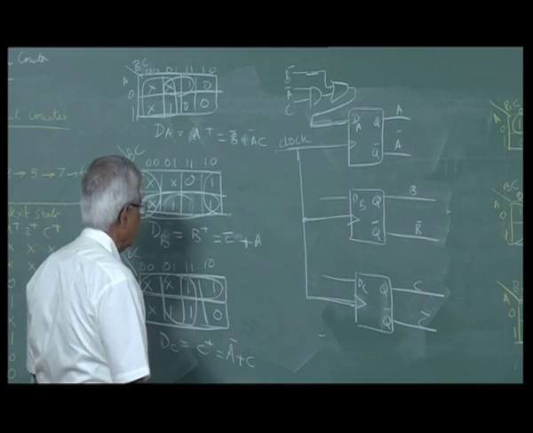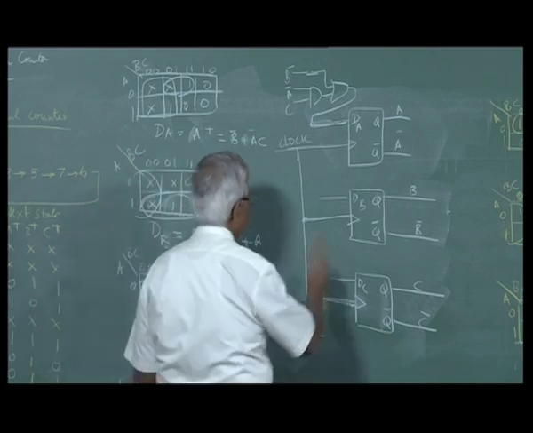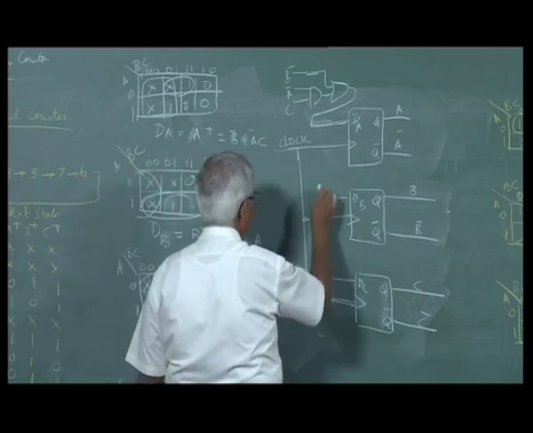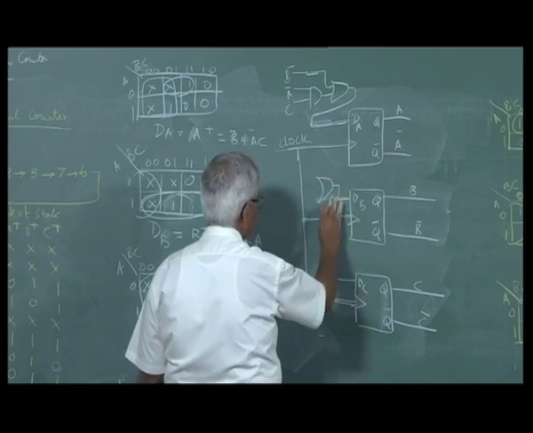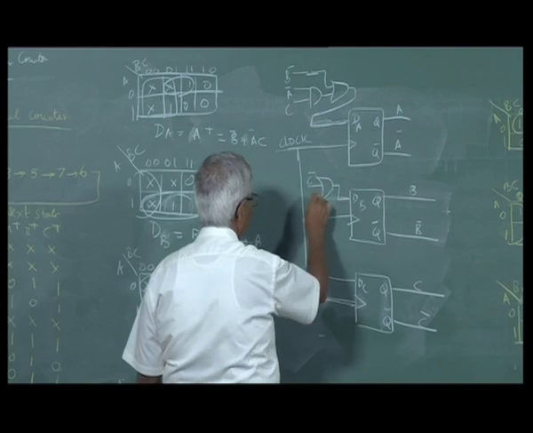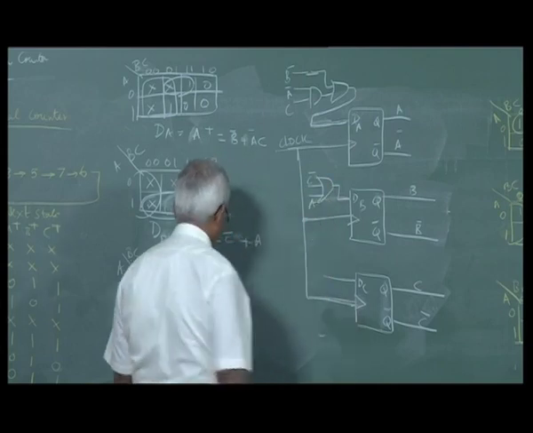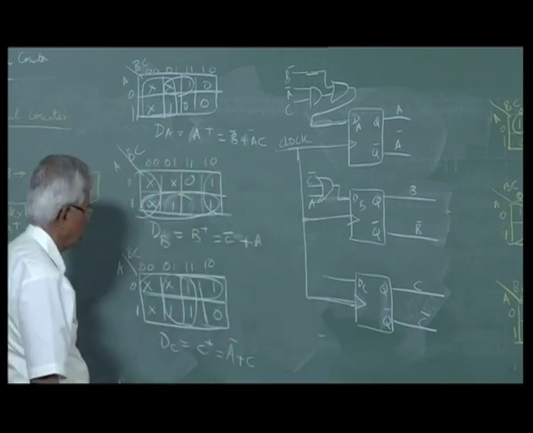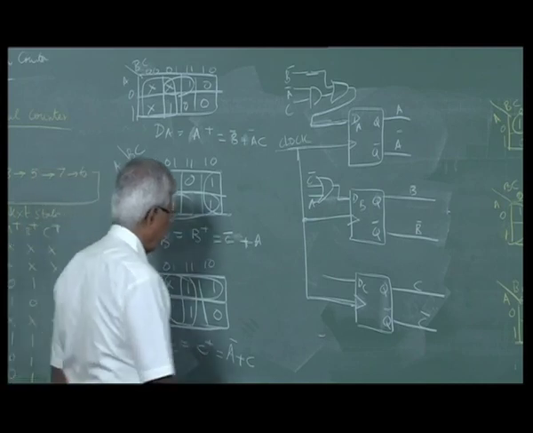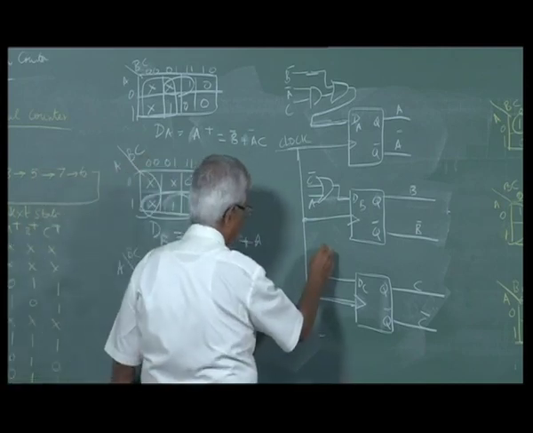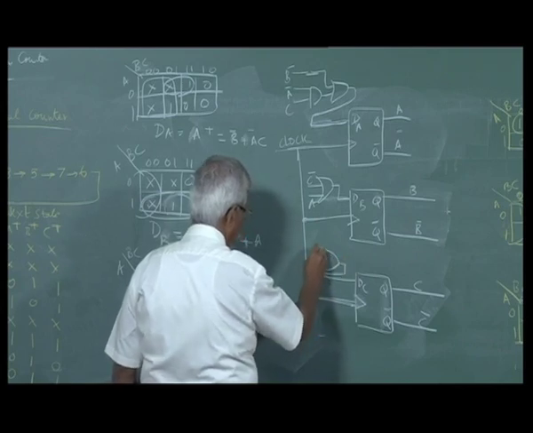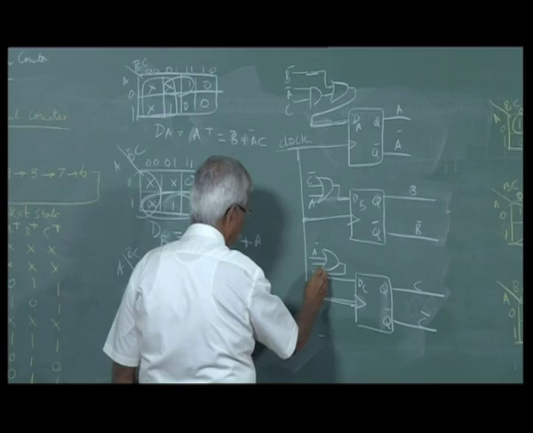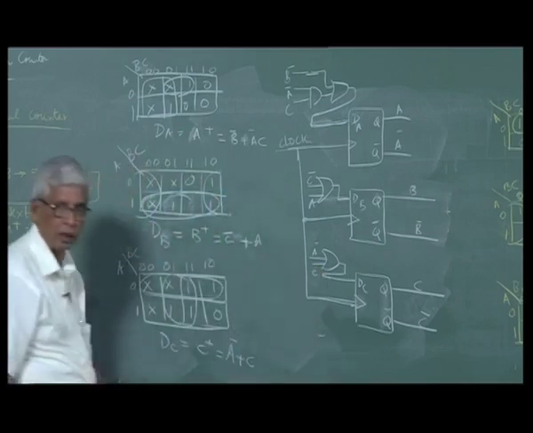DB is C bar or A. This is A bar or C. That is all, the circuit is ready.